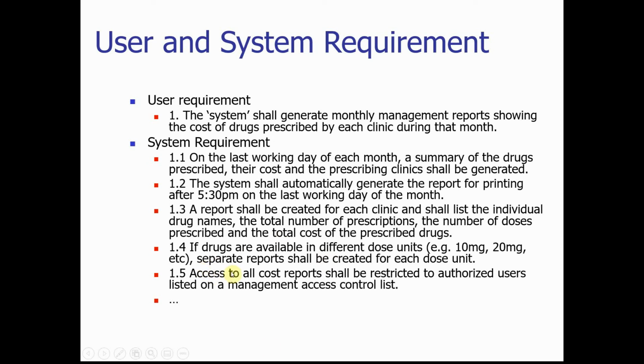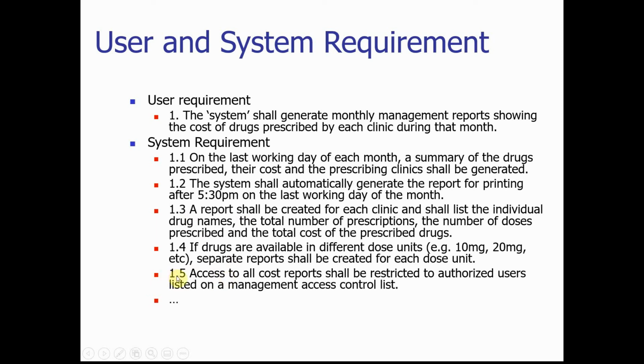And 1.5, access to all reports shall be restricted to the authorized users listed on the management access control list. So this 1.5 is not part of a user requirement. A user sometimes, when they tell you what they do, doesn't consider security.